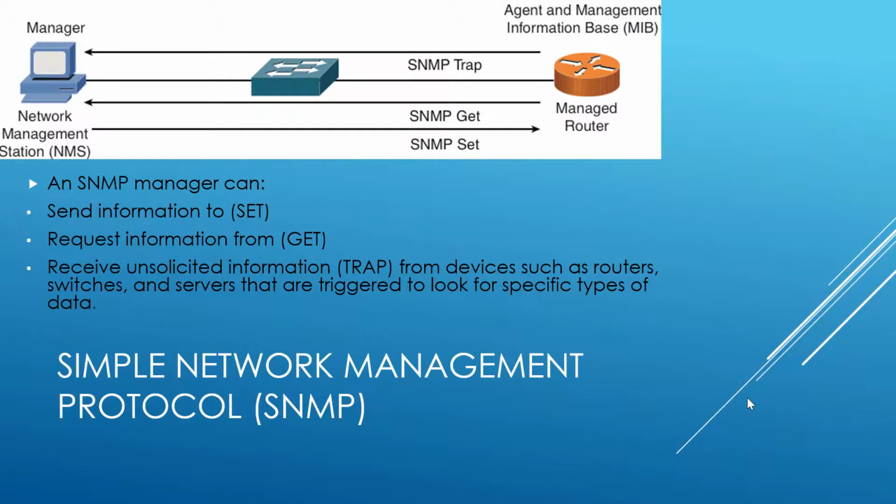And then Simple Network Management Protocol, SNMP. So here are some of the different things. We use a get to request information, and a set to send information. And then we have traps from switches and routers, where some type of situation happens, creates an alert, and sends that out through the Simple Network Management Protocol.